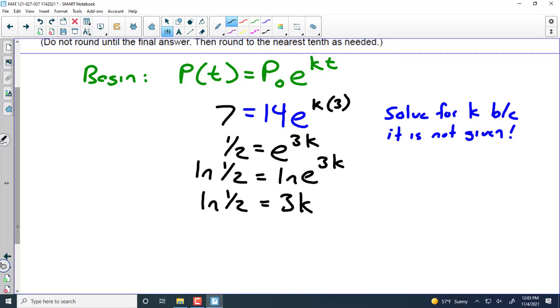Divide both sides by 3, I guess. Let's get our K. I did K to 3 decimal places, everyone.